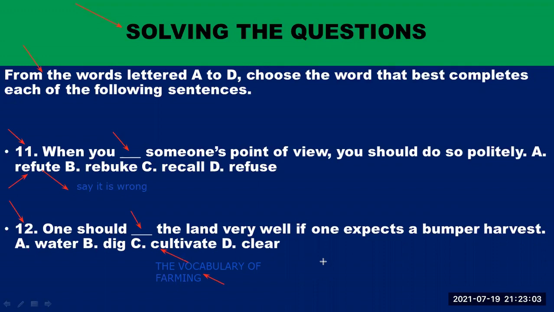Option C is cultivate. One should cultivate the land very well if one expects a bumper harvest. Option C is the appropriate word because it collocates with the context of land and bumper harvest here, which is within the vocabulary of farming.